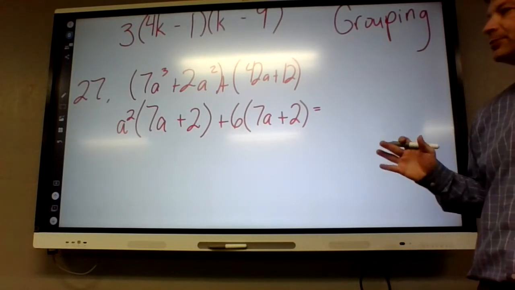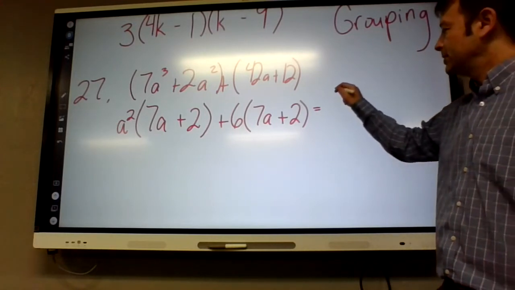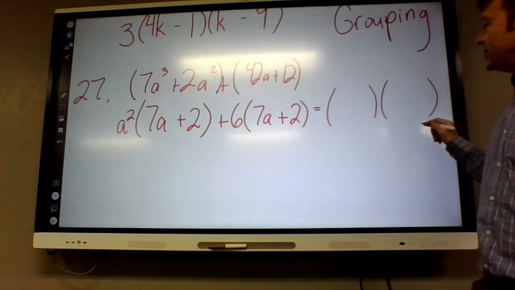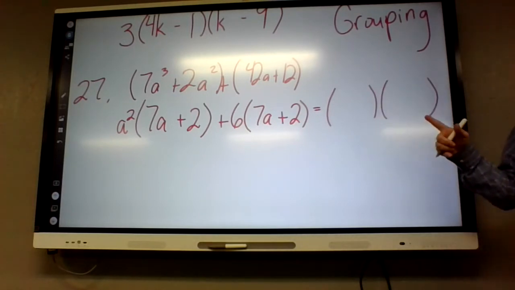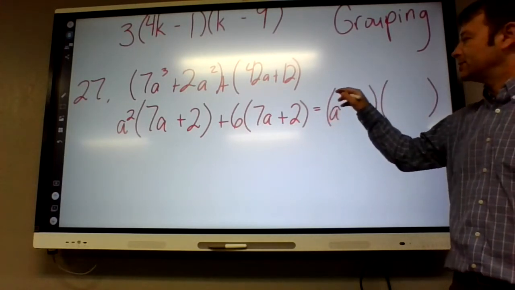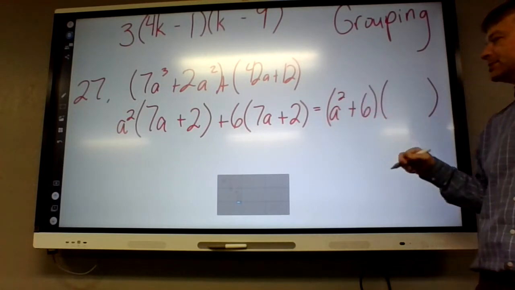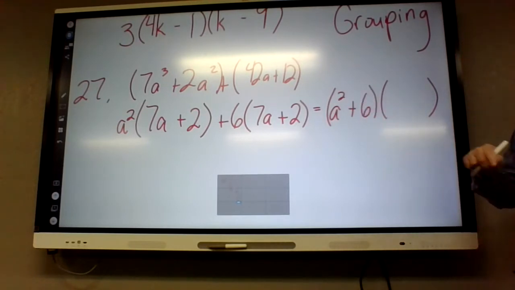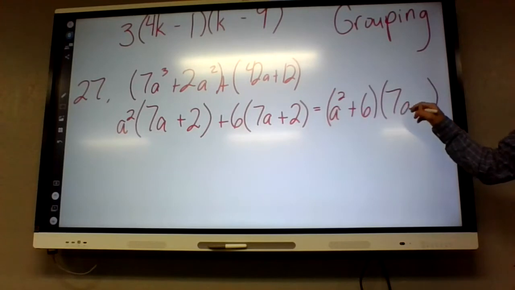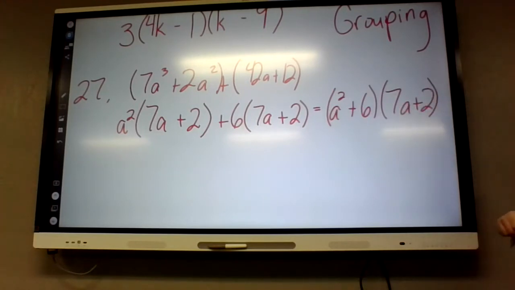For the final answer, you put the outside stuff in one set of parentheses, a squared plus 6, and you put the inside stuff in the other set of parentheses.